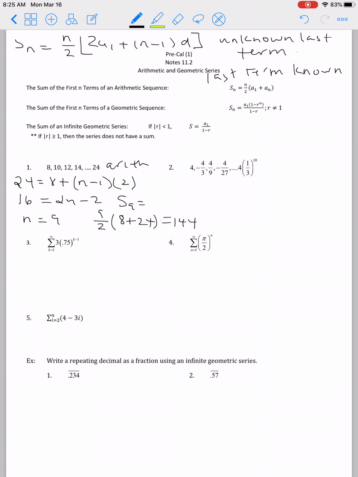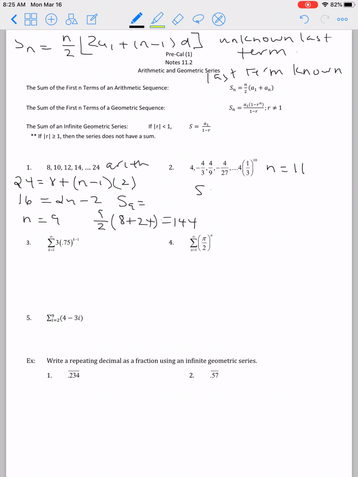And then in this one, this is a geometric sequence. Put a little negative sign here. The r, there are going to be n. There are 11 terms. Remember, that's 4 to the 0, so 0 to 10 would be 11 terms.